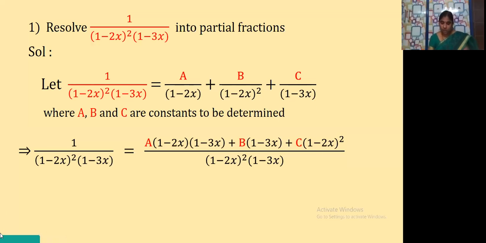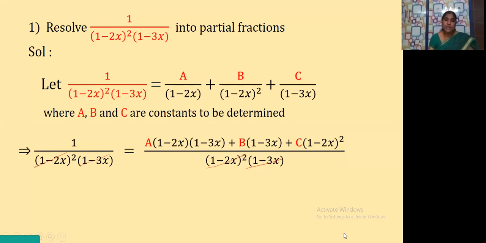Clear? Now if you observe the denominators on both sides, we have the (1 minus 2x) whole square term here and also there, which gets cancelled, and here also we have 1 minus 3x, and there also we have 1 minus 3x, which gets cancelled. Clear, children?